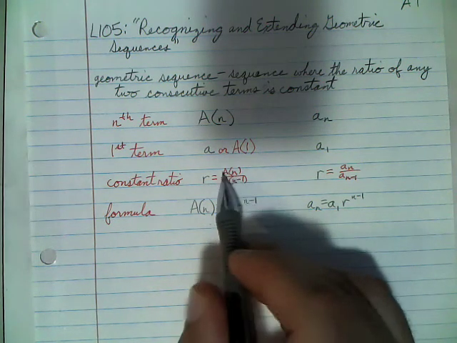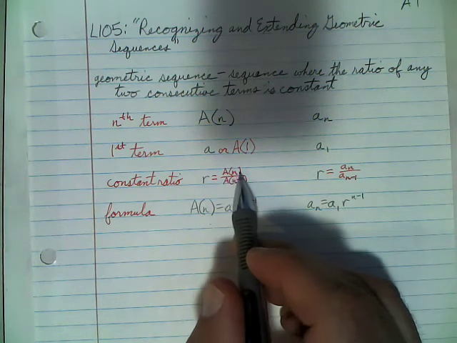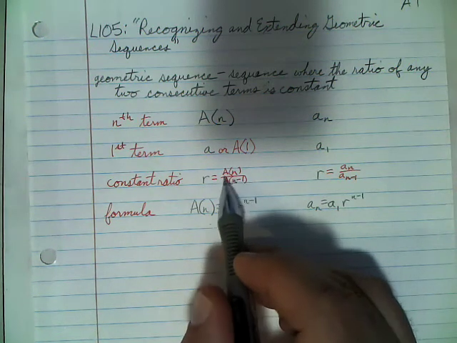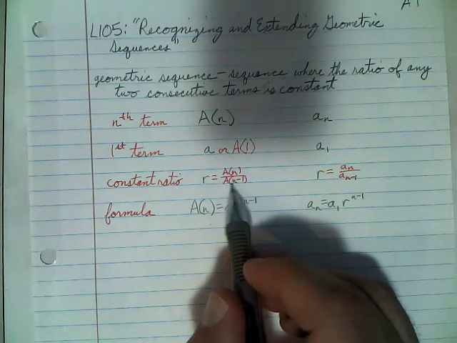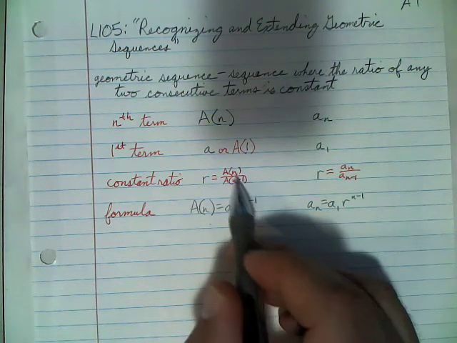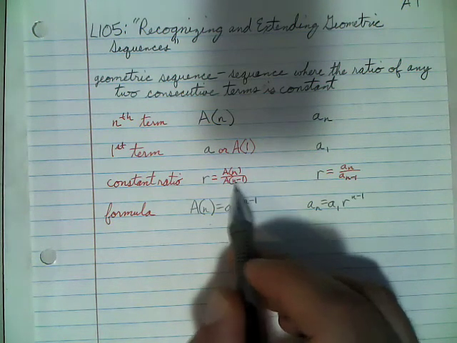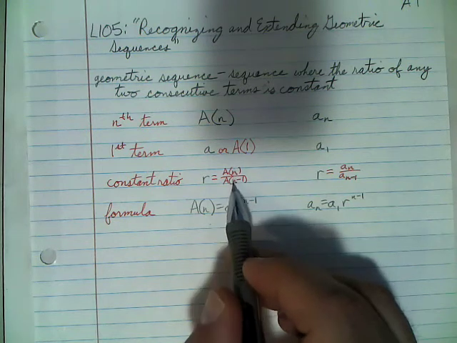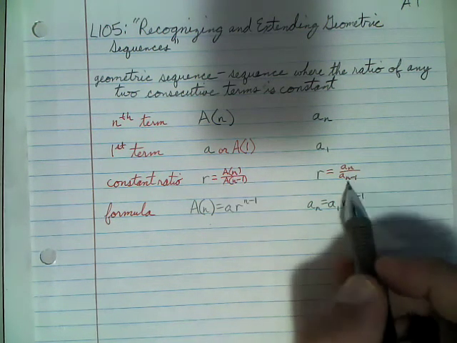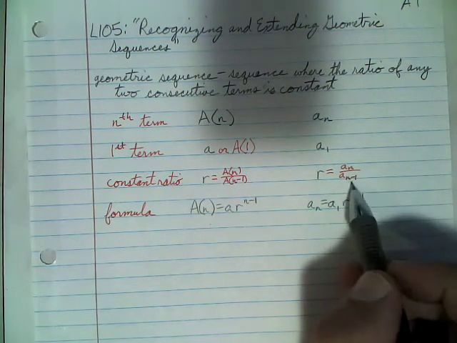Final just means the later term, so a of n, divided by the initial, the earlier term, a of n minus 1. For example, if we chose 7, this would be a of 7 over a of 7 minus 1, which is 6. So the 7th term divided by the 6th term. And it's the same thing over here, a sub n over a sub n minus 1.